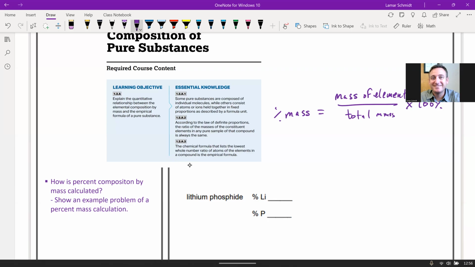Now, if we look at something like lithium phosphide, and we know that's just the name given, we're not given the formula. Now, funny enough, in AP chemistry, they don't necessarily focus on chemical nomenclature, which is a really good thing because it's kind of tough for people. You may say, well, why did we go over it in honors?